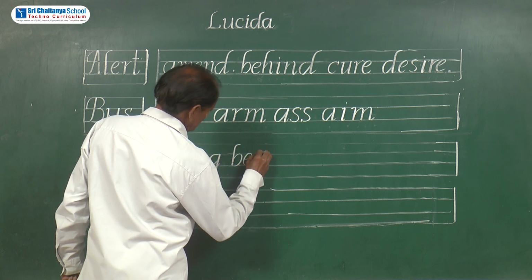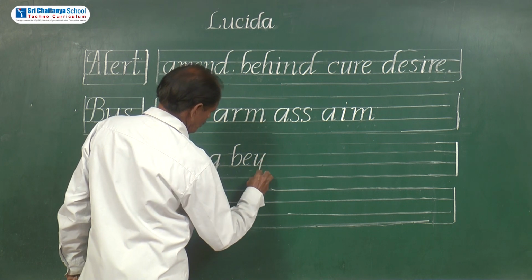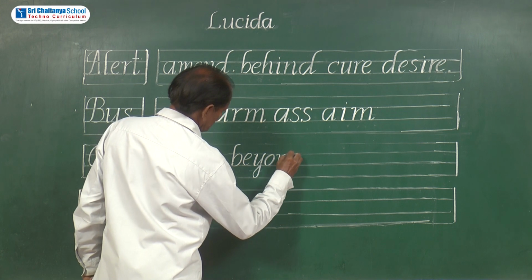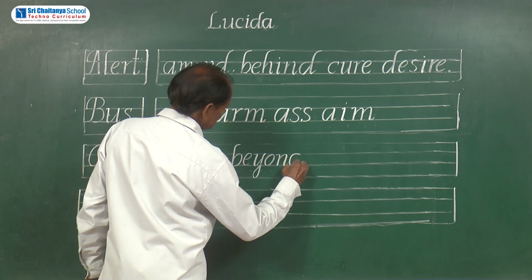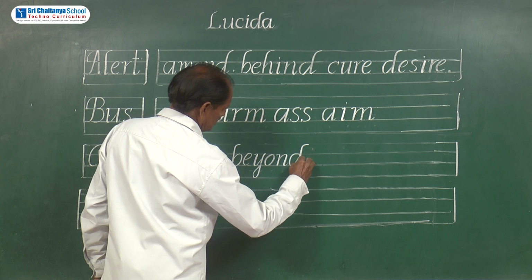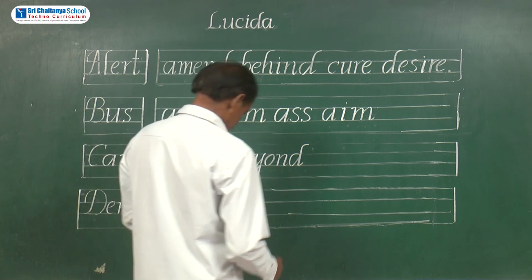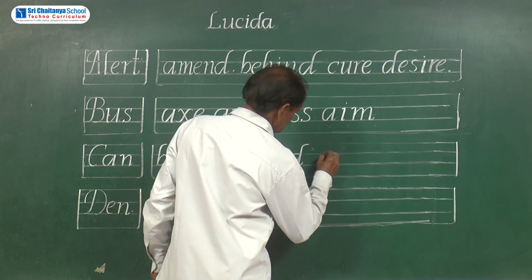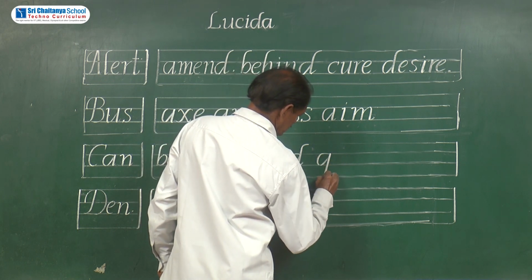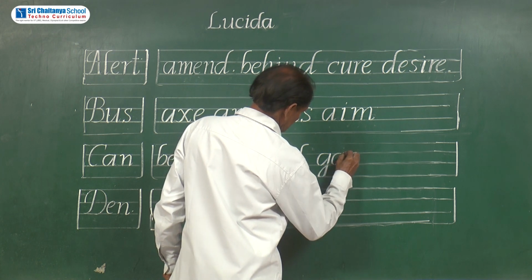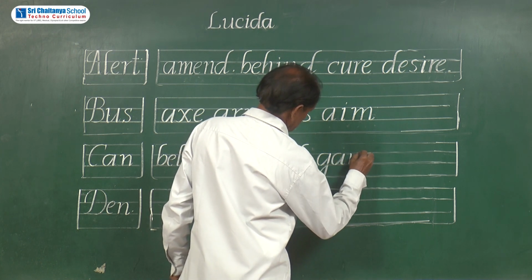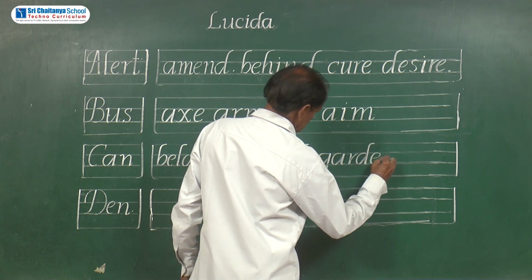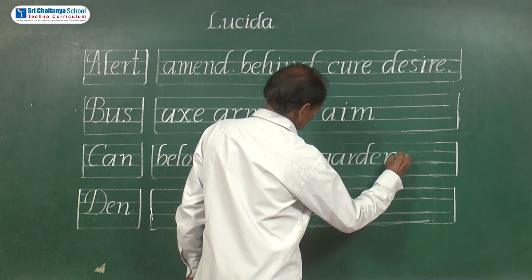B, E, Y, O, N, D, beyond. G, A, R, D, E, N, garden.